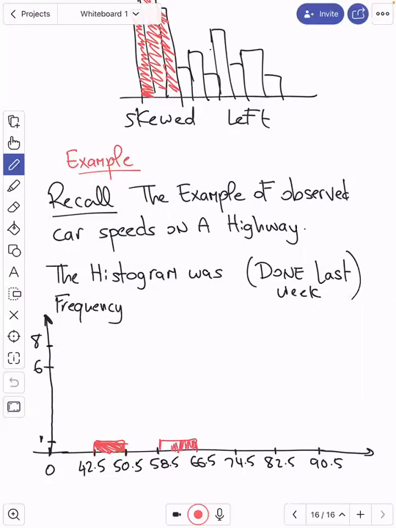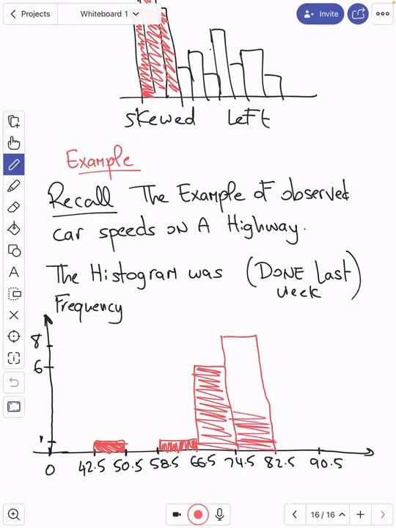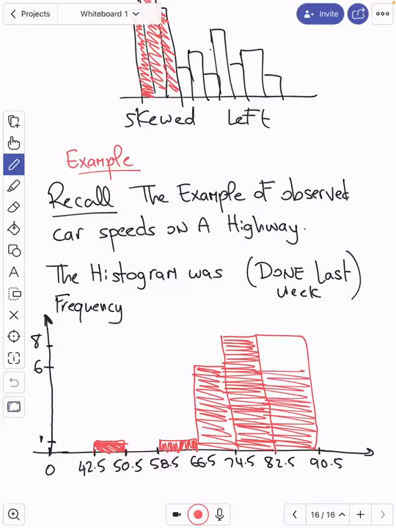And then the frequency of the fourth class was 6, if I'm not mistaken. So this is 6 right here. And then the last 2 classes have the highest frequency, which is 8, right? So this is 8, and here the same, it's 8.